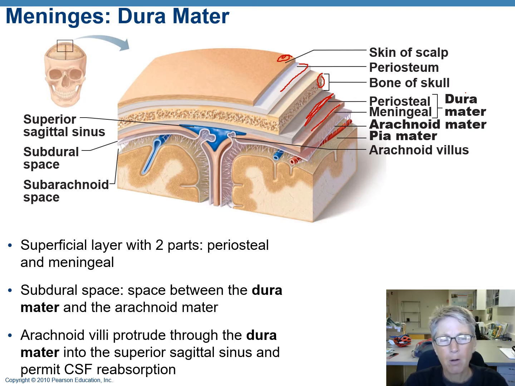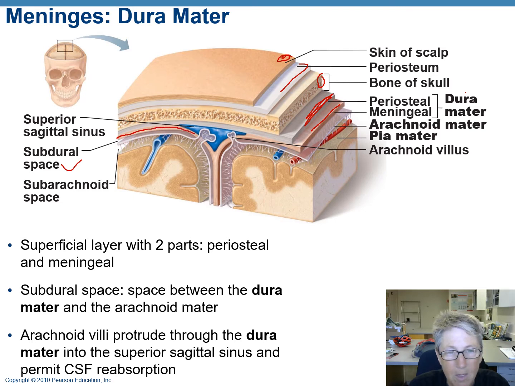So the dura mater is the most superficial layer. It has 2 parts, periosteal and meningeal. And then just deep to the dura mater is the subdural space. So now we have to come over here because the subdural space is labeled over here. So here's the meningeal layer of the dura mater.